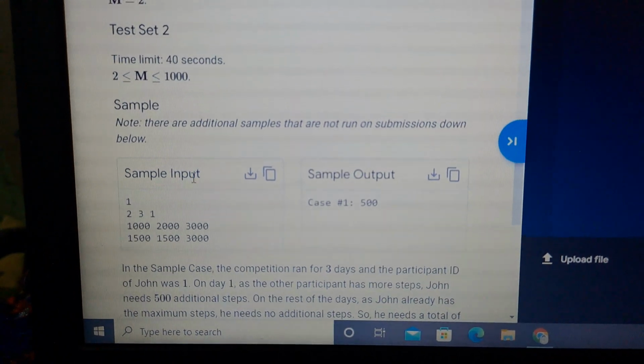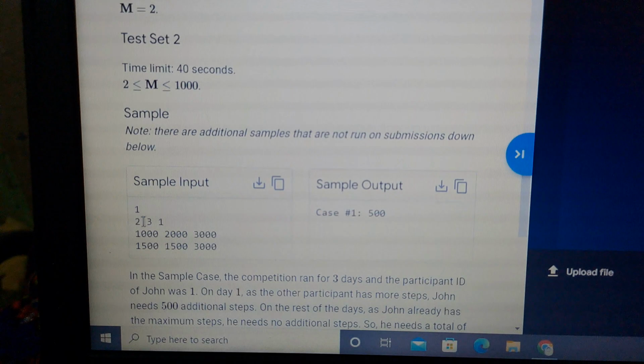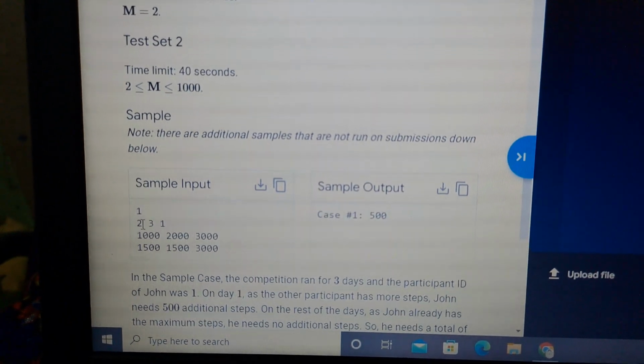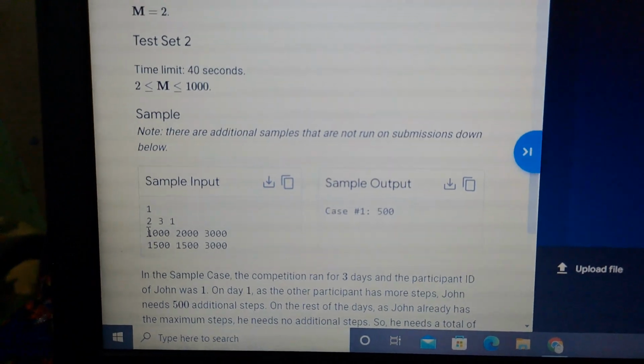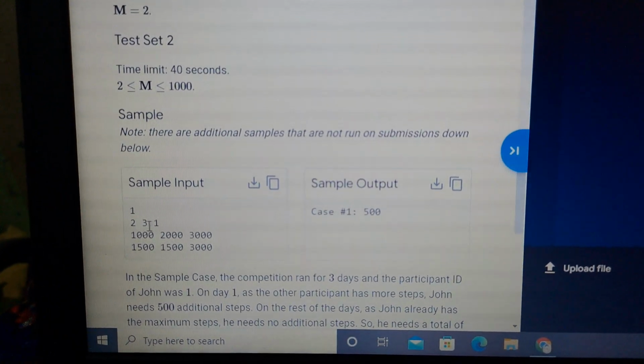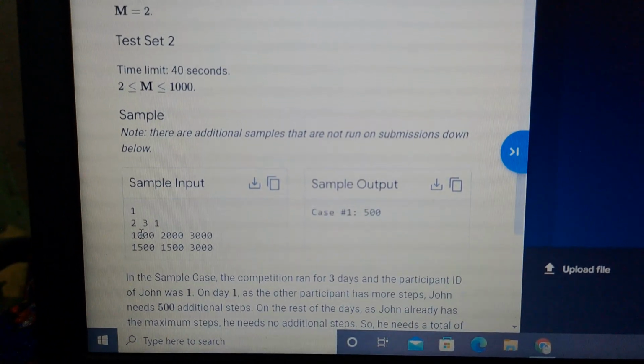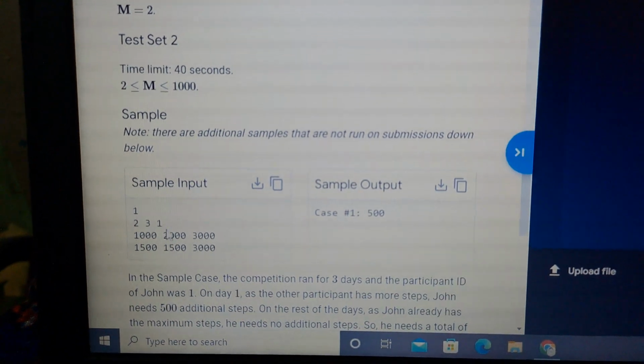The sample input has been given. This first number denotes the number of test cases. One test case is there. This m denotes the registered participants, how many participants have been registered. 3 denotes how many days the competition runs, and 1 denotes the ID of John.